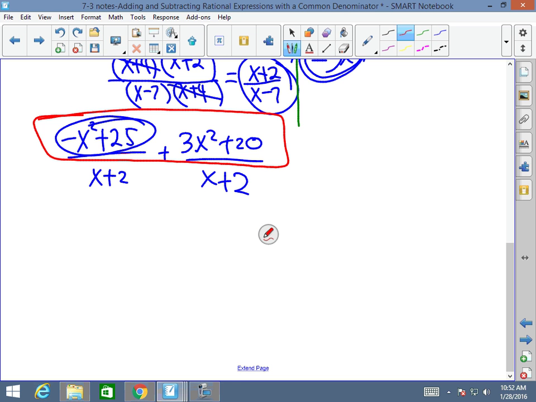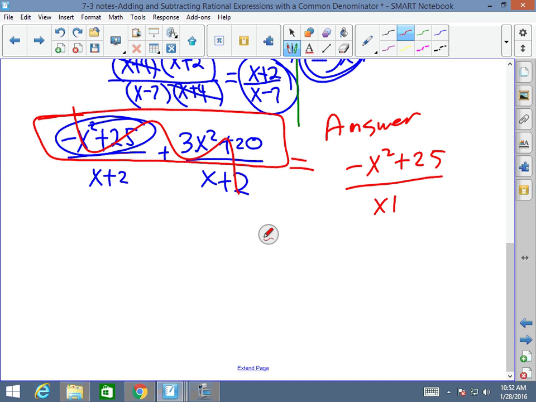Now, scratch this for a second. Let's say that at the end, after you've added everything, after everything has been done, your answer is negative x squared plus 25 over, let's say, x plus 5.